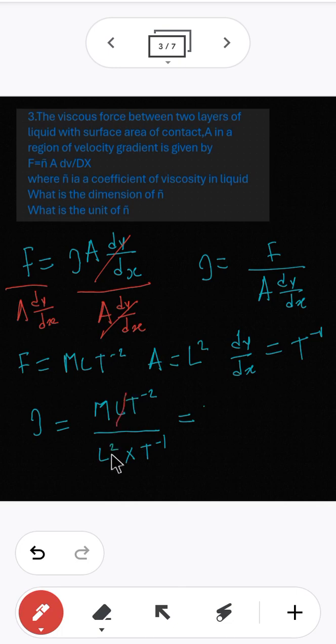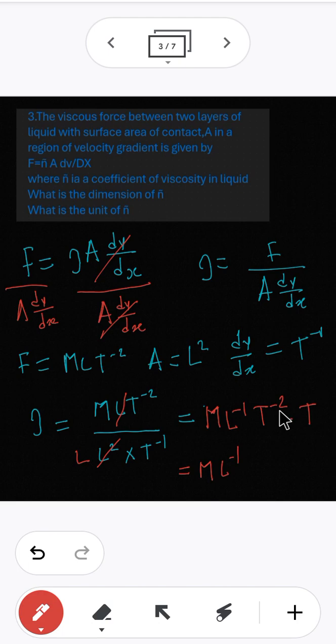The L here will go and reduce this one to 1L. Then you're going to be left with M. Now this L is going to come up, which is going to be L minus 1. And your T, you still write this T, let's not walk too fast, multiplied by, now when this T comes up, the sign will change. So your final answer is going to be M L negative 1.